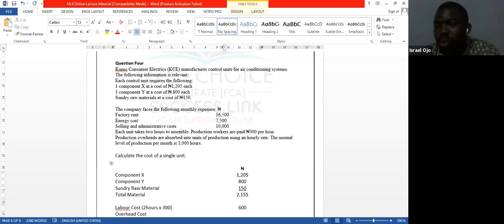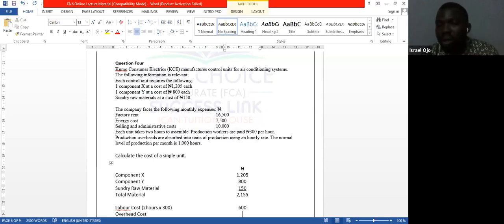Part of it goes to the admin, and admin expenses are found under the profit or loss account. So admin expenses will not be added to it, because either we produce or not, we are going to pay rent.